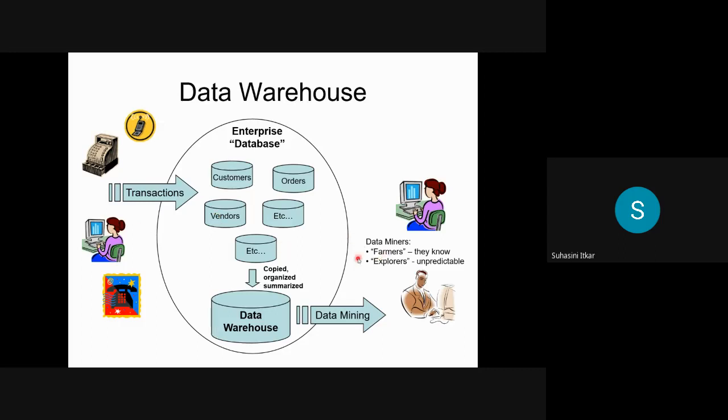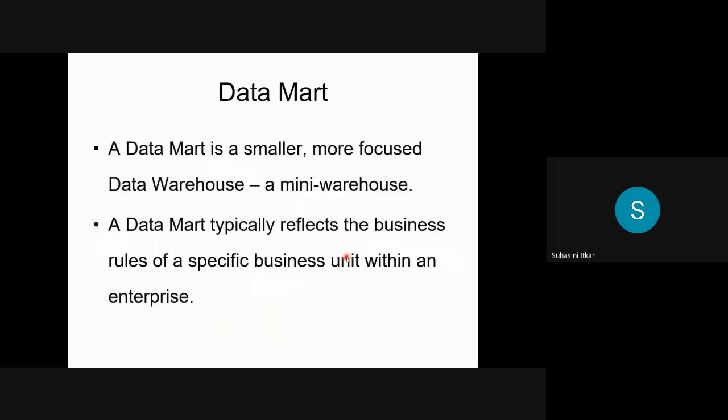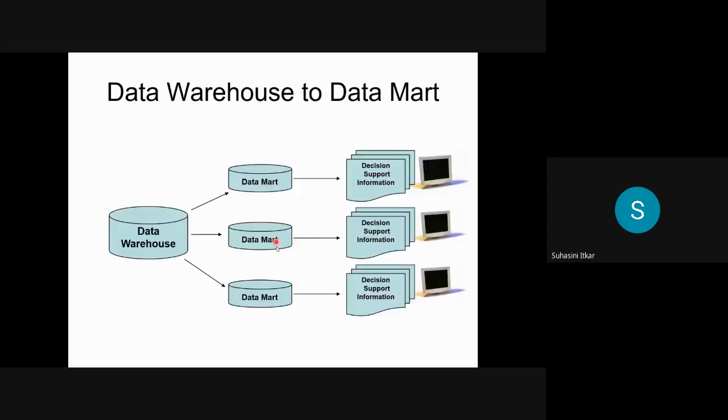Then we discussed the role of the data mart. Data marts are nothing but smaller units of the data warehouse. For a big enterprise, we can divide the scope of the enterprise into smaller chunks in terms of data marts.